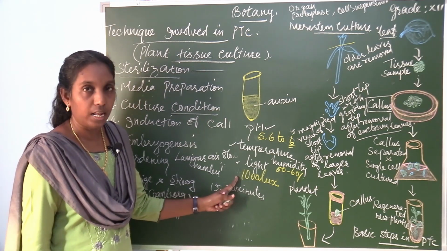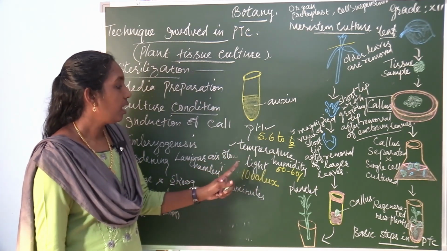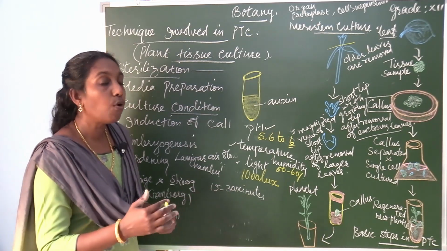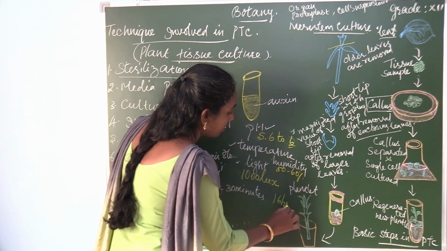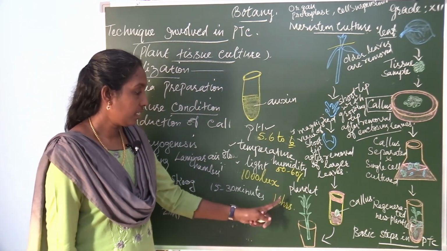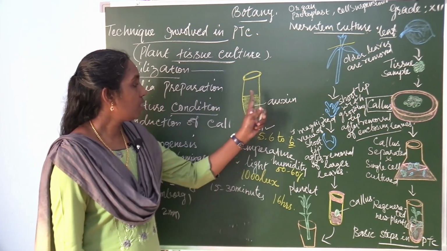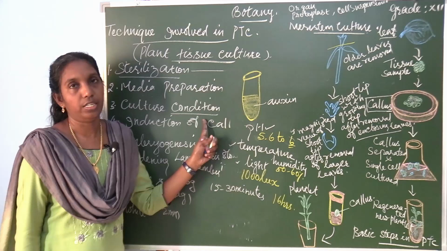So pH, temperature and light intensity, and the photoperiod of 8 to 16 hours. The photoperiod is 16 hours. So all this comes under the culture conditions.